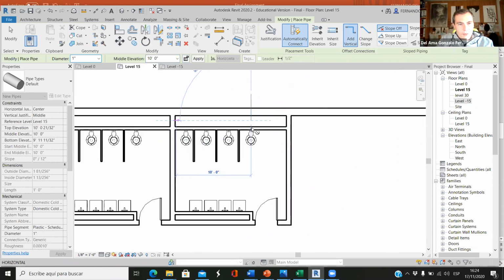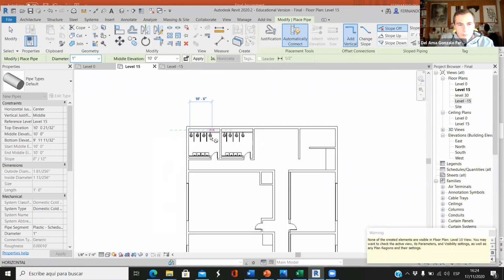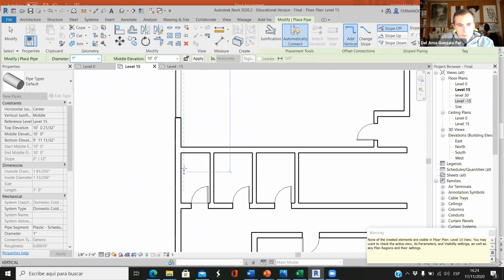We don't see it because of the visibility range, but we have to go all the way to this shaft.